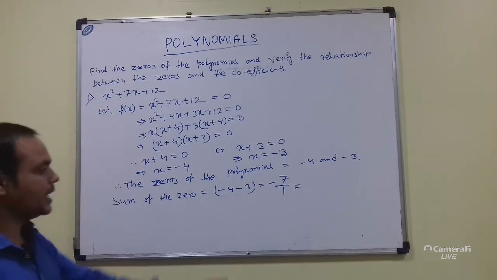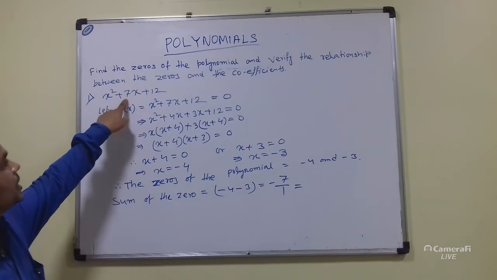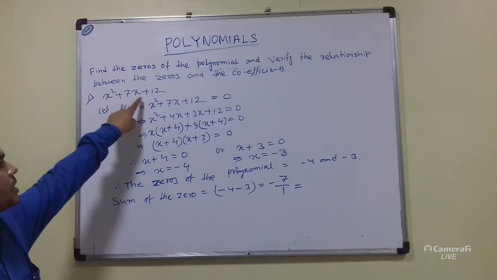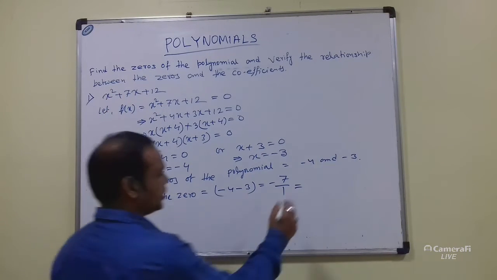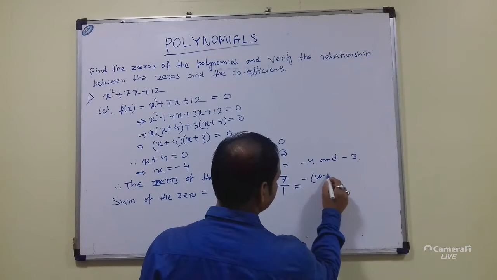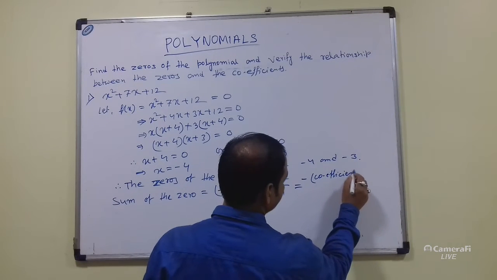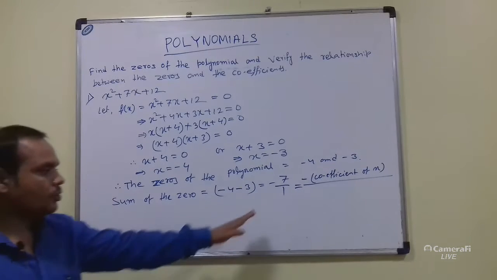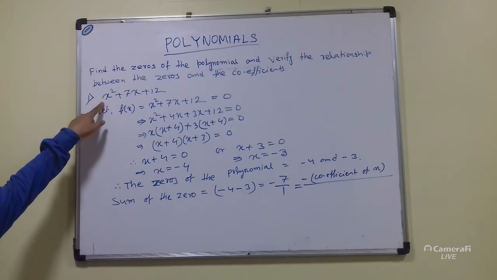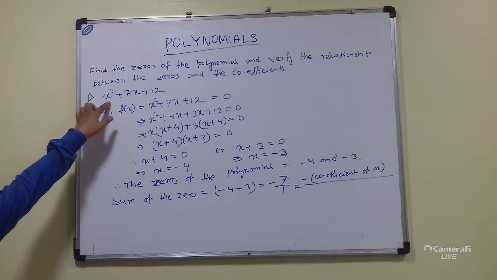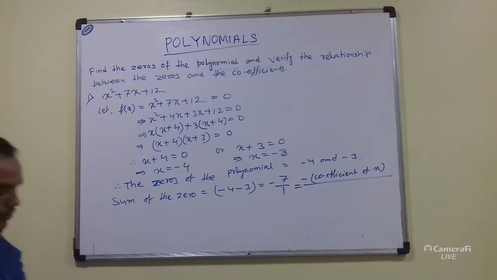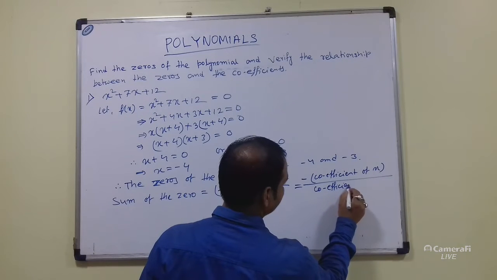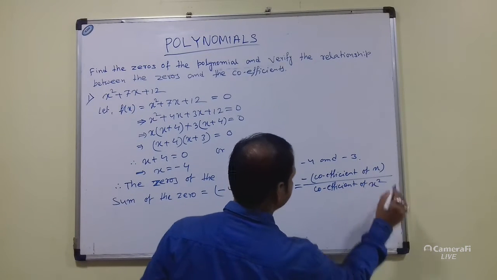Here students you can see that 7 is the coefficient of x in this polynomial, so we can write minus coefficient of x by, and 1 is the coefficient of x square, because it is only x square, that means 1x square. So we can write coefficient of x square.